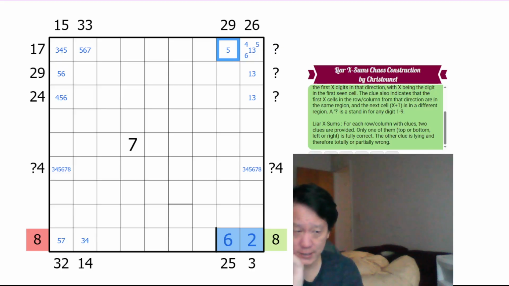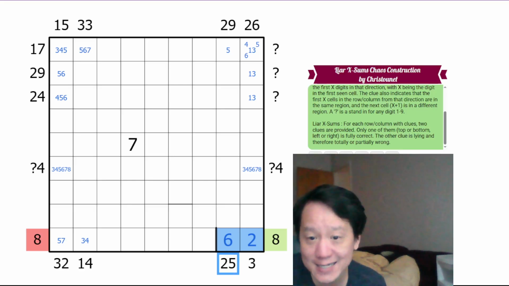That's 19. You could have 1, 3, 4, 5... No, 6 digits. 1, 3... So that means without a 2, the minimum is 1, 3, 4, 5, 7. 3 and 7 is 10. 1, 4, 5 is 10. That's 20. 26 does not add up.